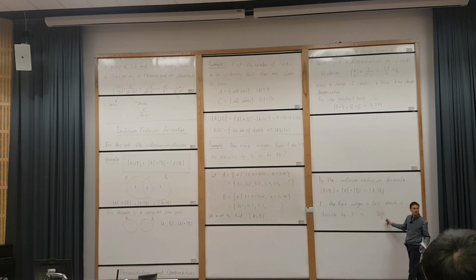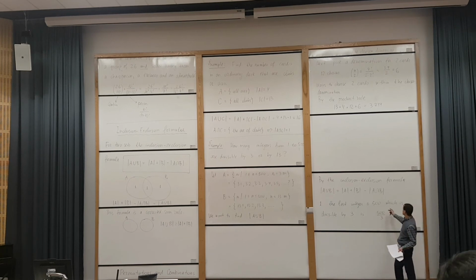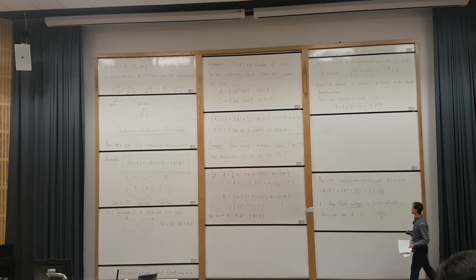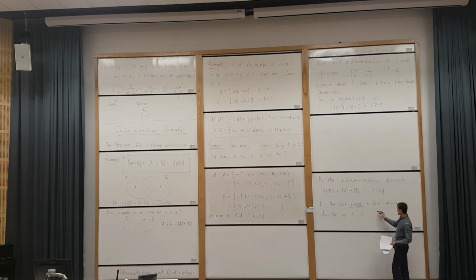But since this is a fraction, I need to round it, because we're talking about integers. The last integer which is divisible by 3. So rounding is denoted like this, and here I take the integer part.